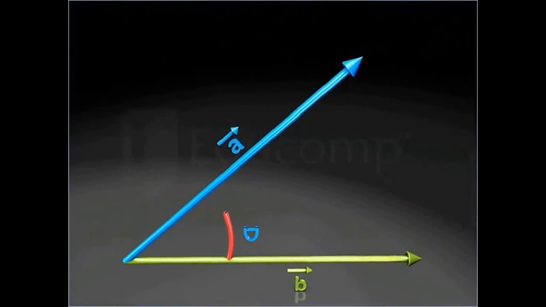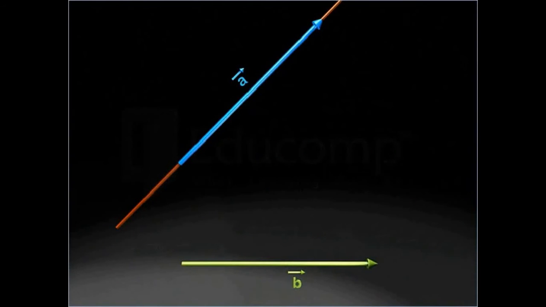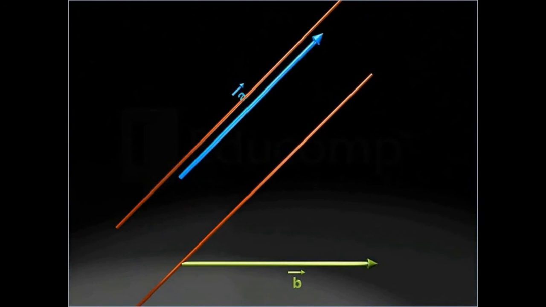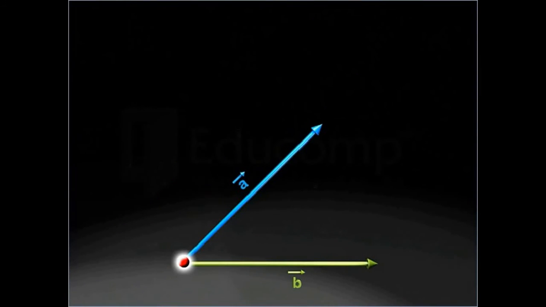Remember that the angle between the two vectors is formed at the point of intersection of the initial points of the two vectors. In some cases, we may need to shift a vector along the line of support parallel to it to obtain this point of intersection among the vectors.